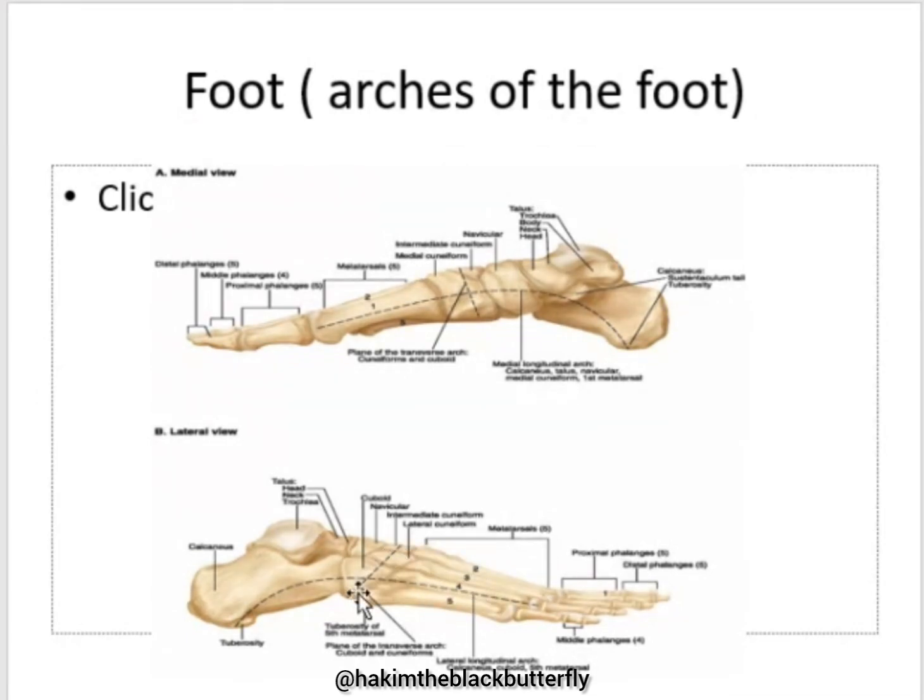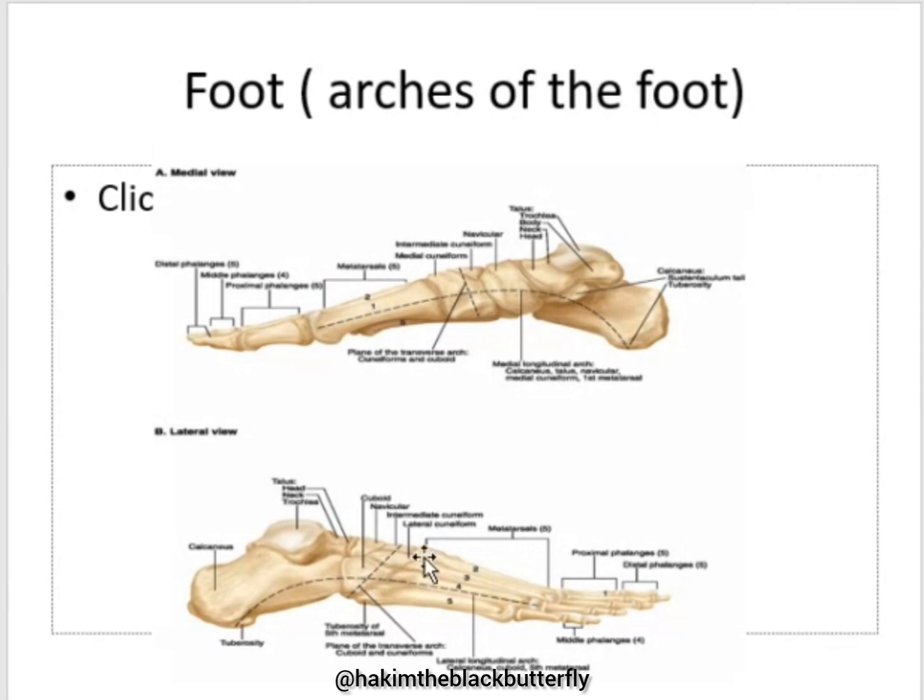Then we have this transverse arch. The transverse arch is made up of the cuboid bone and the 3 cuneiform bones. The cuneiform bones have the lateral, the intermediate, and the medial. So the cuboid bone, the lateral cuneiform, the intermediate cuneiform, and the medial cuneiform, then the bases of the metatarsals.